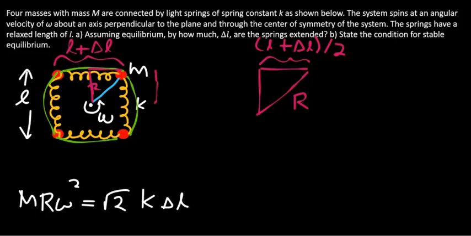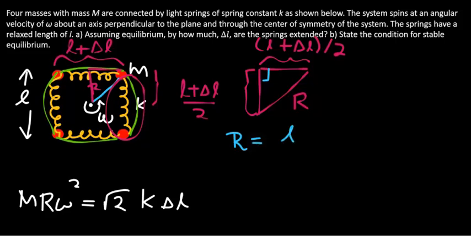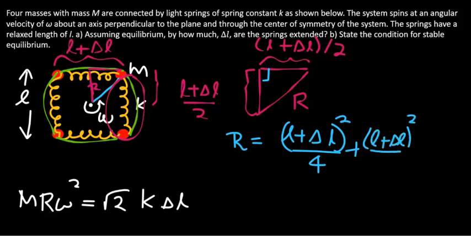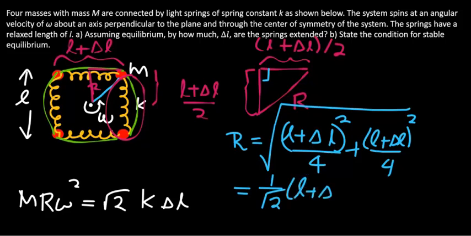Likewise, this length, due to the extension of that spring, is also given by the same expression, (L plus delta L) over 2. Since this is a right-angled triangle, from Pythagoras' theorem, you can get R as the square root of (L plus delta L) squared over 4 plus (L plus delta L) squared over 4, which is 1 over square root 2 times (L plus delta L).